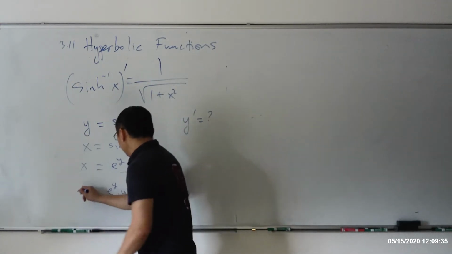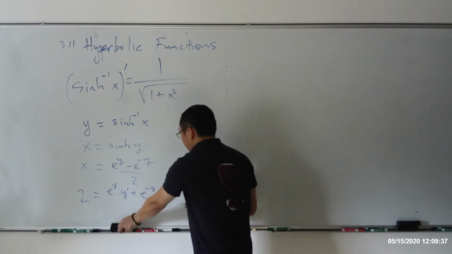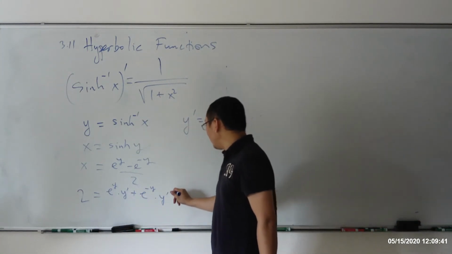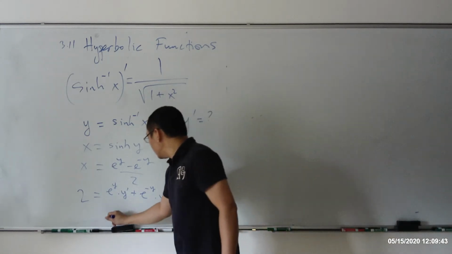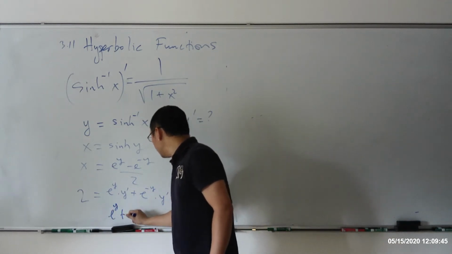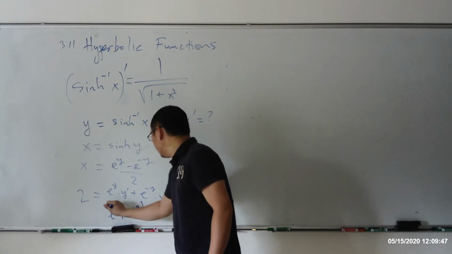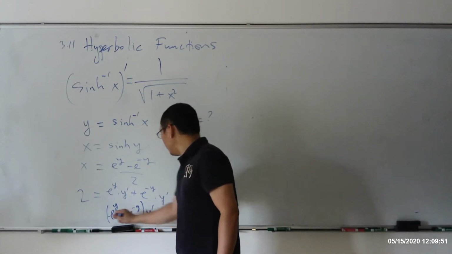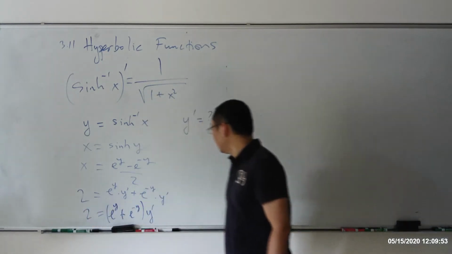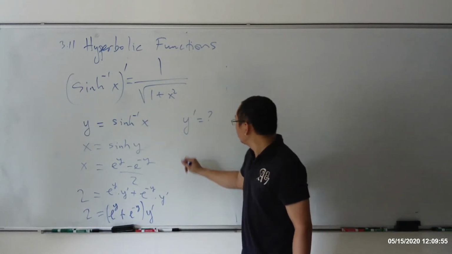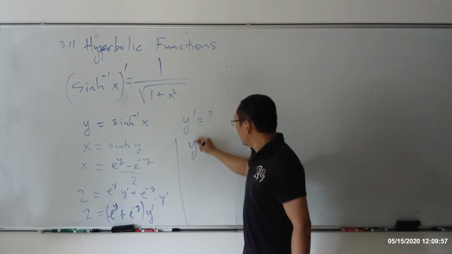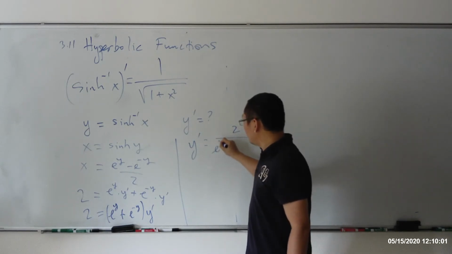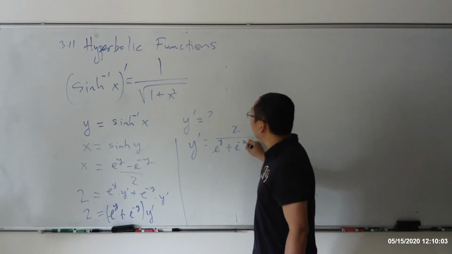Then factor out the y prime. This is e to the y plus e to the negative y, times y prime, equals 2. And you solve for y prime. Y prime is 2 over e to the y plus e to the negative y.